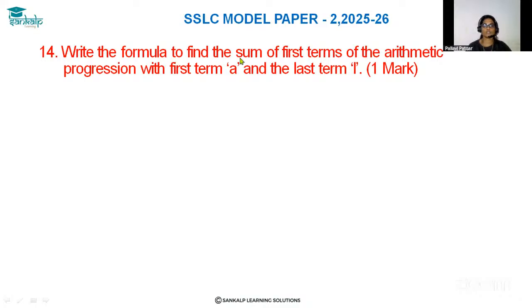Write the formula to find the sum of first n terms of the arithmetic progression with first term A and last term L. Okay, so here the formula to find the sum of the first n terms, that is Sn, of an arithmetic progression when the first term A and the last term L are known is Sn is equal to n by 2 into A plus L. So this is the formula. Thank you.